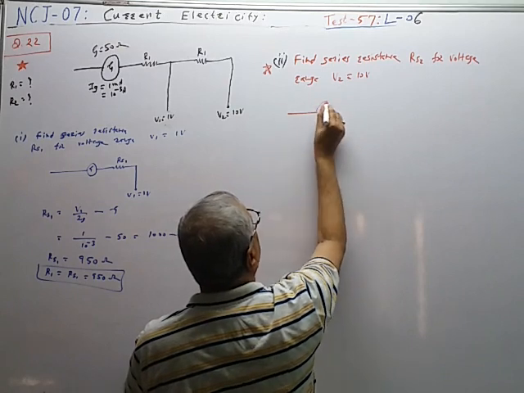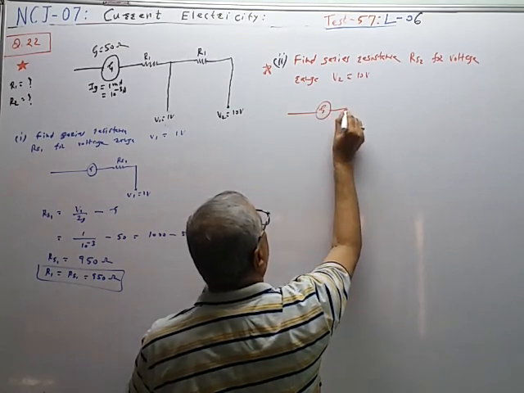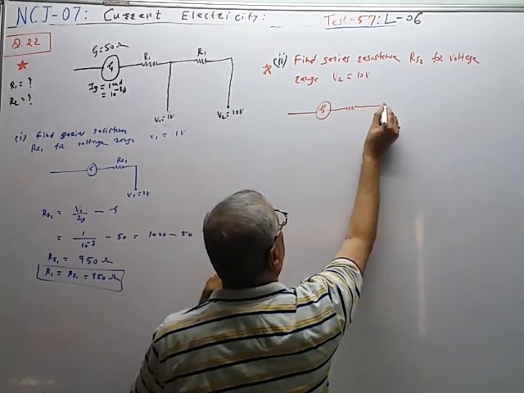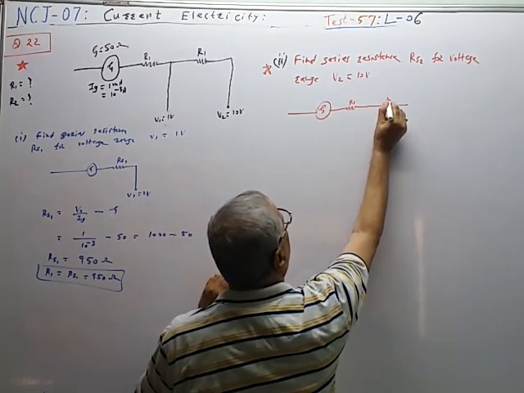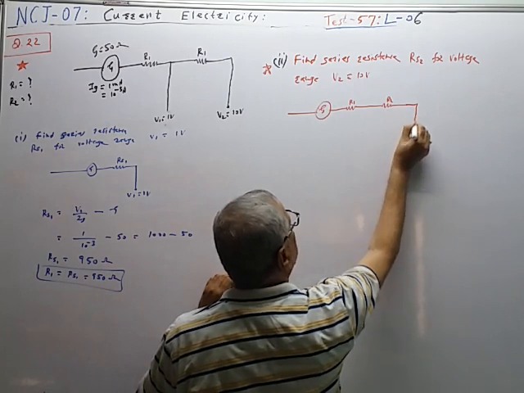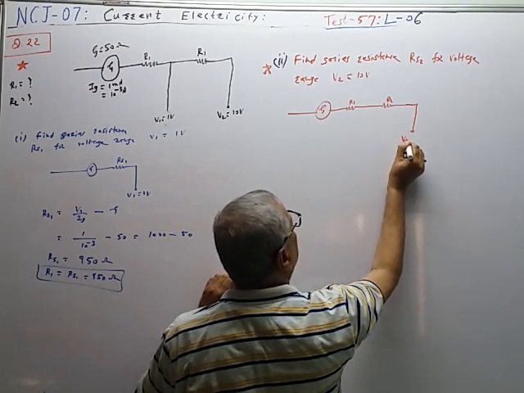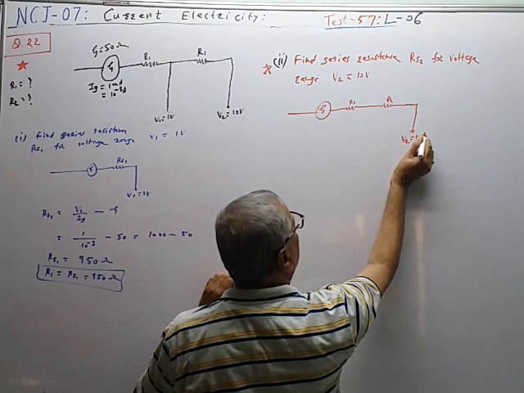So diagram would be like this. This is galvanometer. This is R1, this is R2, and this V2 is equal to 10 volt.